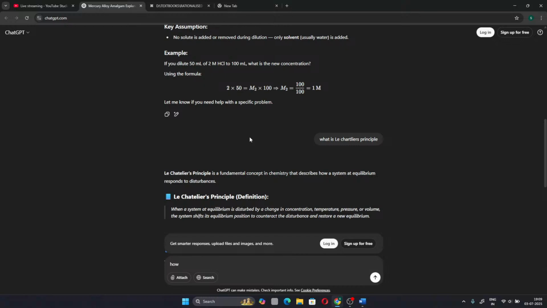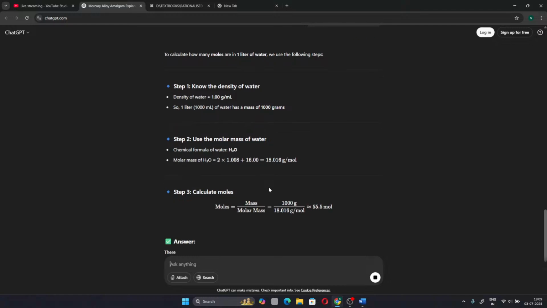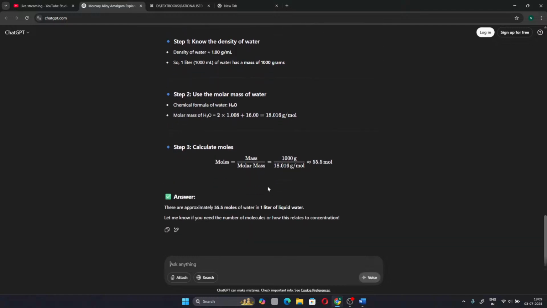How many moles for 1 liter of water? It's around 55.5 moles, not 24.